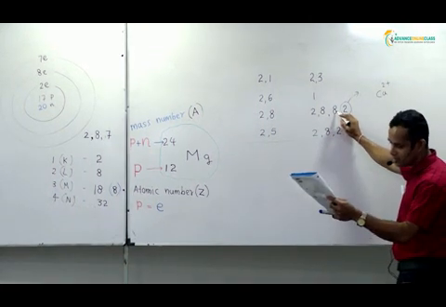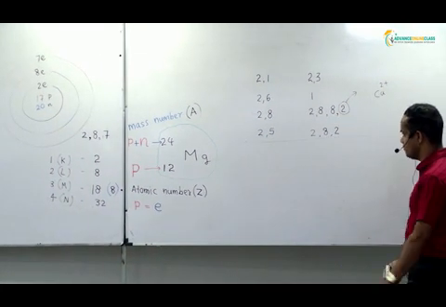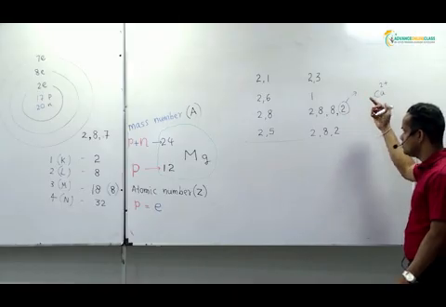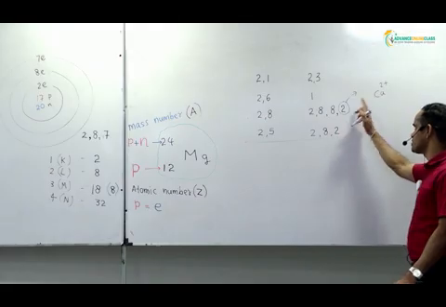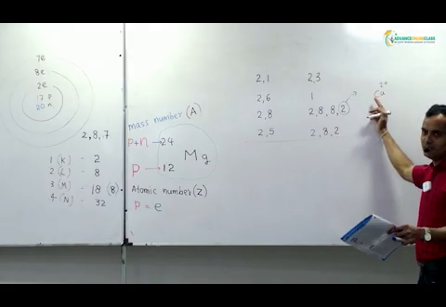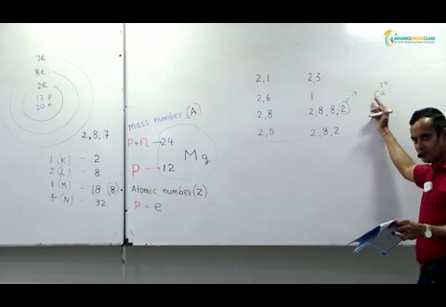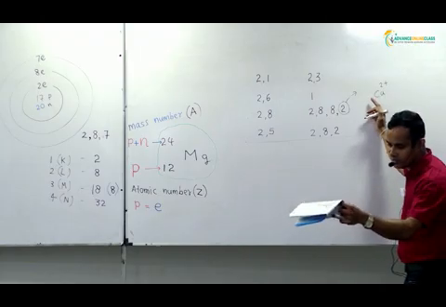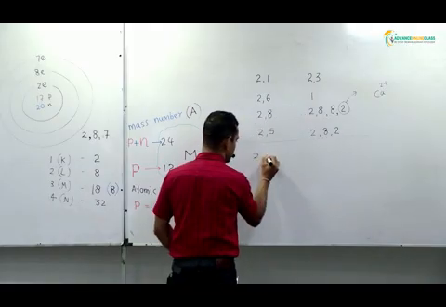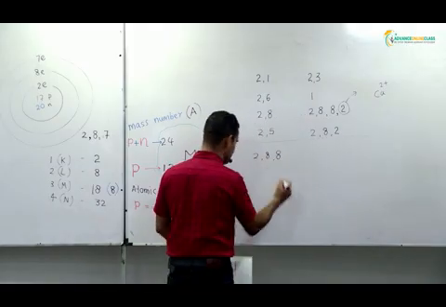That's why it's given here. But you don't need this story. What you need is how many electrons are there. This story you are going to learn later. 18 electrons must be 2, 8, 8.